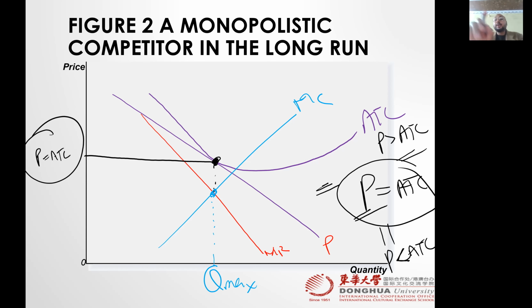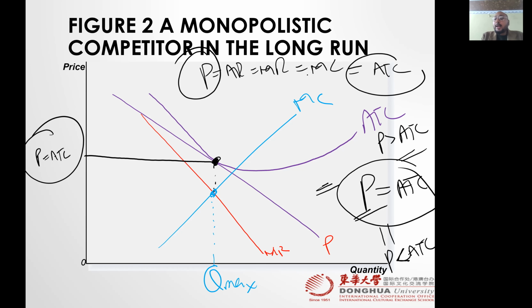But in the long run scenario of perfect competition, we talked about that price is equal to AR, is equal to MR, is equal to MC, right? And then is equal to average total cost. So only this is true, right? But MC equal to MR equal to P and equal to ATC is not true.